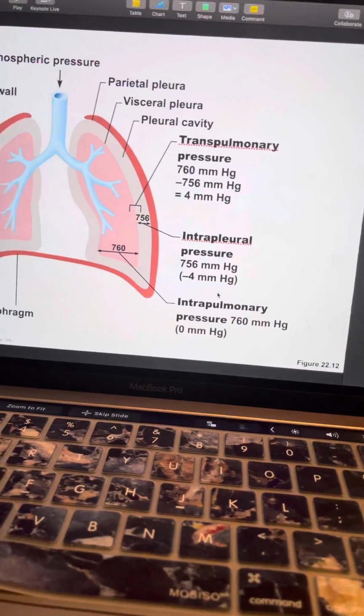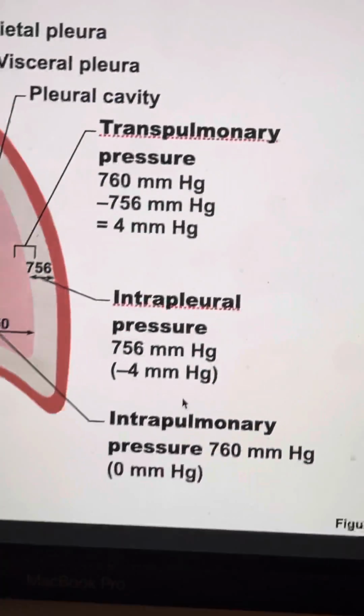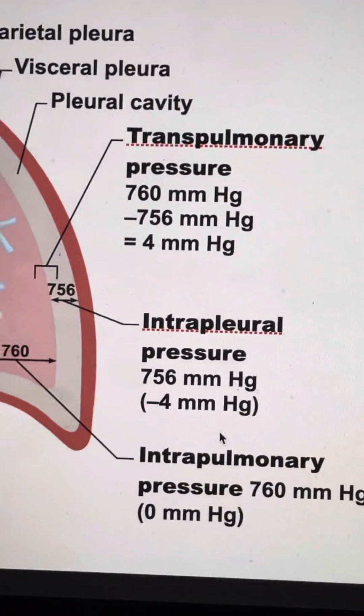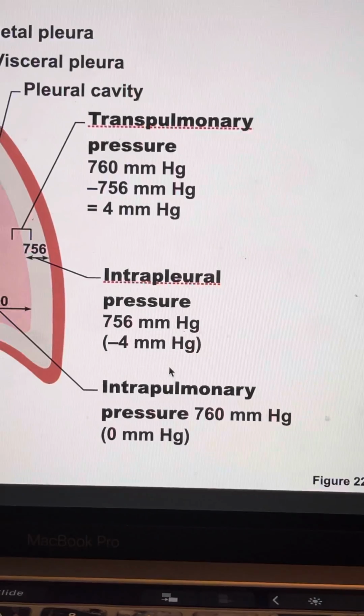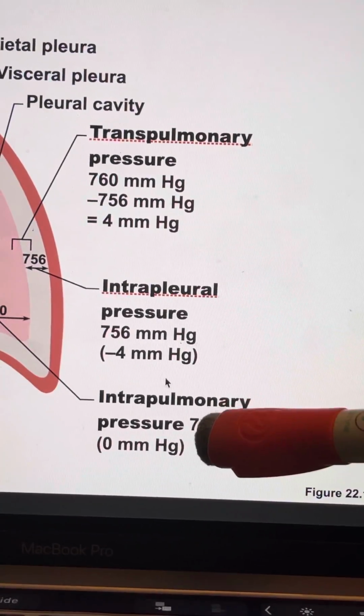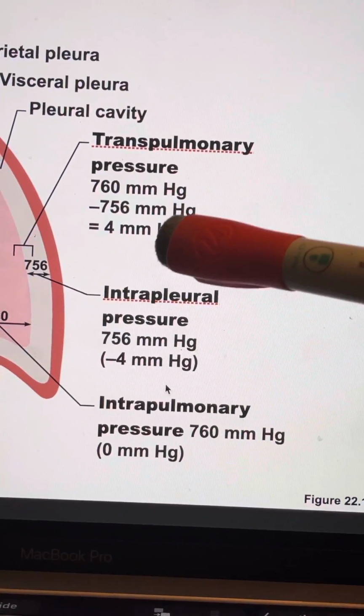And how these relate to each other, intrapleural pressure and intrapulmonary pressure, is right here, transpulmonary pressure. You can see the numbers right here, 760, which is intrapulmonary, minus 756, which is intrapleural pressure, equals 4.